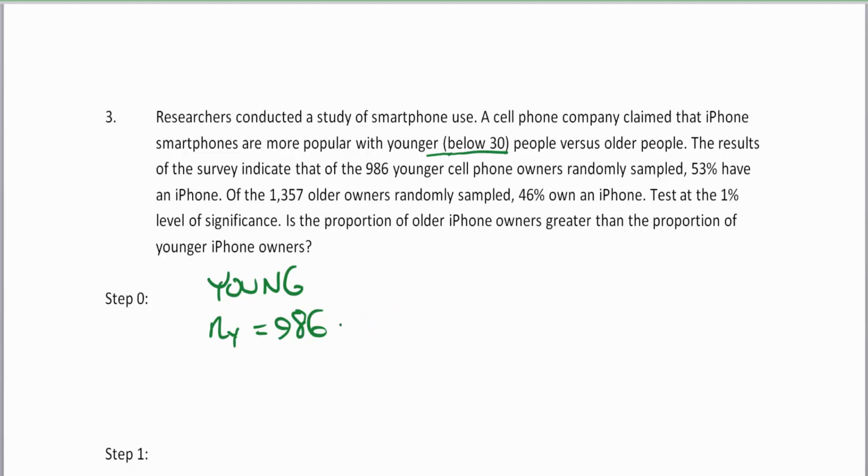So the younger people here, 986, okay, and then 53%. This is their p hat of Y, the p hat of this group is 53%, or 0.53. Now we need this information because we need to figure out our X value for this group because of the older group, okay?